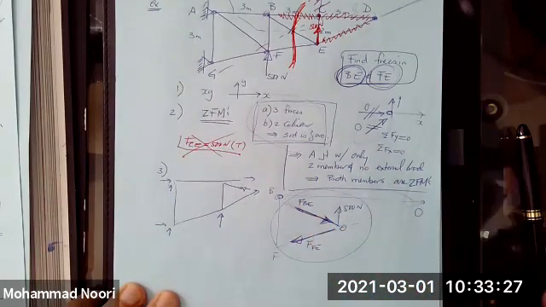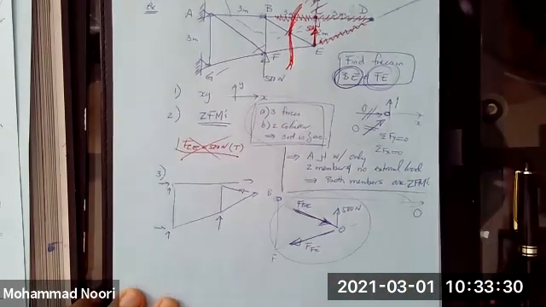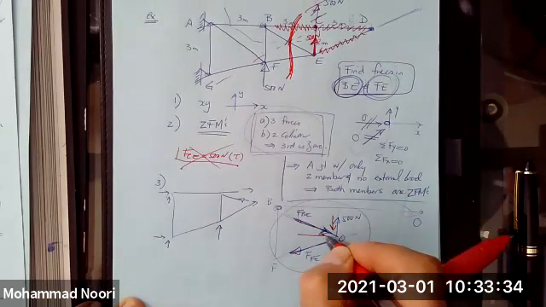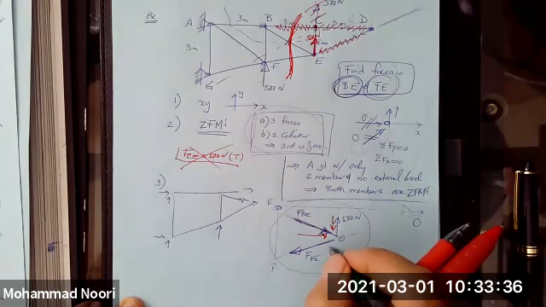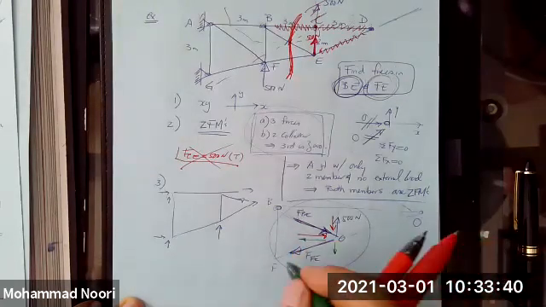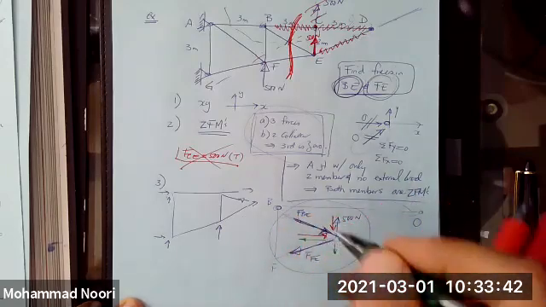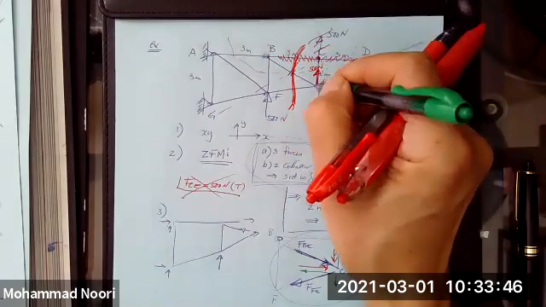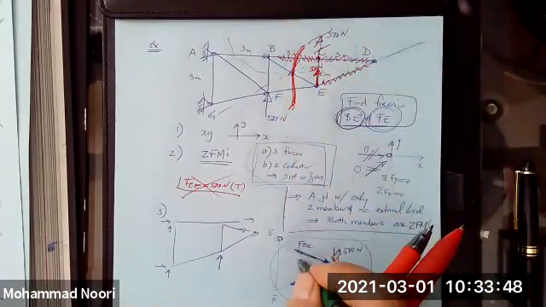2 equations, 2 unknowns. The only thing we need is the slope of these, because I have to resolve these into their components. So what is the slope of this member? Look here. This is 2, this is 3.